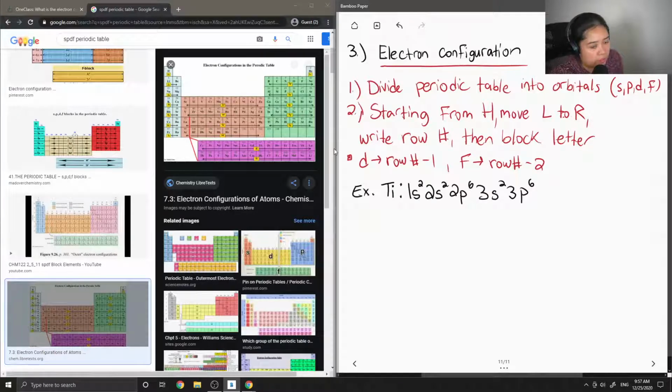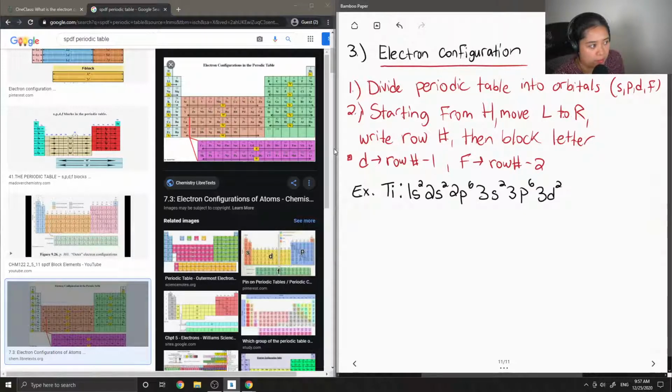And then moving down, it would be 4s2, and then 3d2. But once we get to the transition metals, it's good practice to write the block letter in order of increasing energy. So I'm going to write the D block first. So 3d up to titanium is 2.